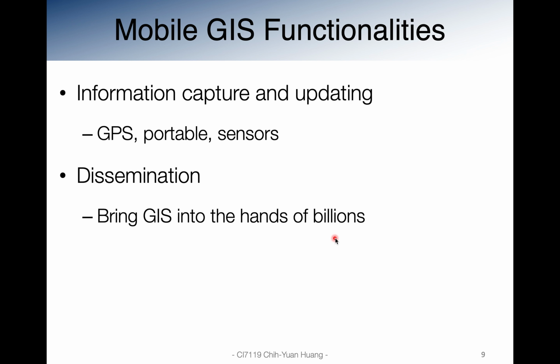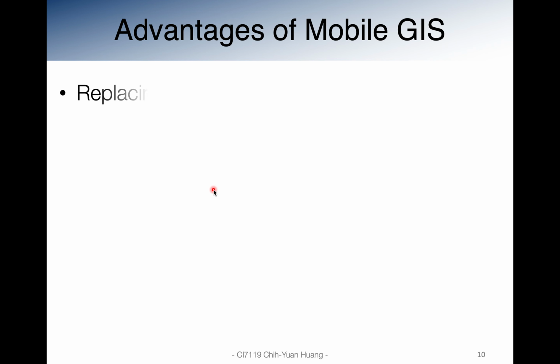Like we saw earlier, almost half of the world population owns a smartphone, so if you create your mobile GIS as a smartphone application, then everyone that owns a smartphone can download this mobile GIS application and start utilizing it. So dissemination is also one critical characteristic of mobile GIS.